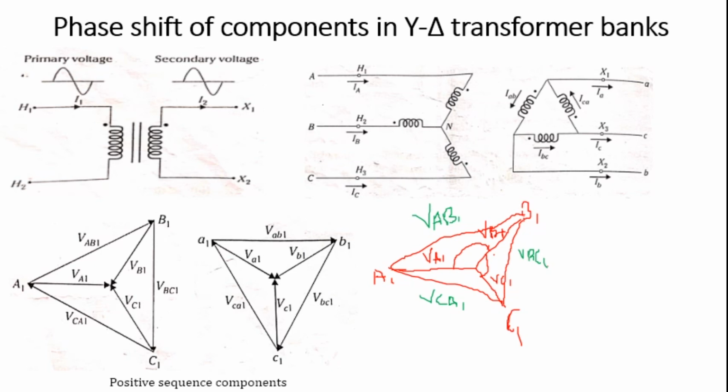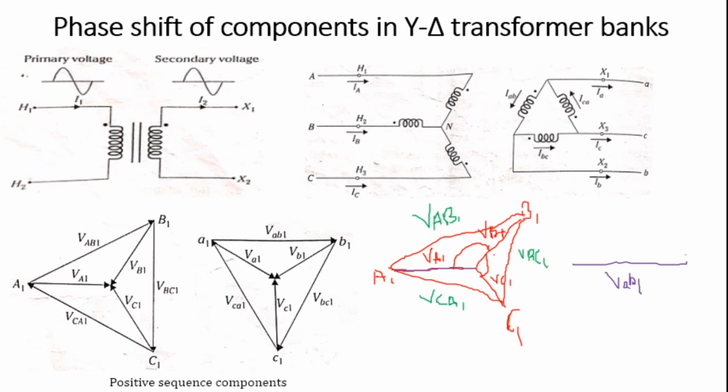Then coming to the right hand side, that is the delta connected side, the low voltage side of the circuit. I told that this is VA1. What is the angle made? It is the same as VAB1.